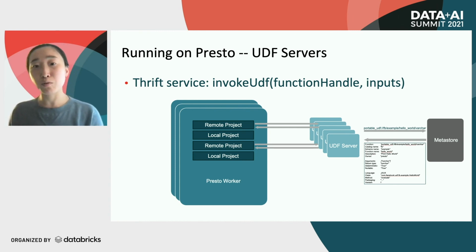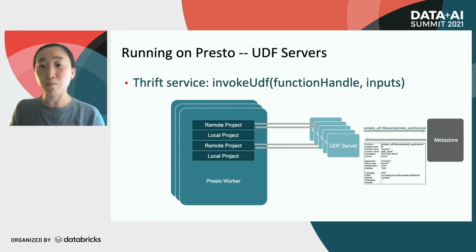When the UDF server sees this function handle, which you can understand as the URL we mentioned previously, it will use it to retrieve the whole function metadata from the Metastore. Based on that information, the UDF server can figure out: these are the packages I need to load, and this is the method I need to invoke. And all of those can be code-genned. We'll process this on all the inputs and then send all the results back. And yeah, that's how it works in Presto.